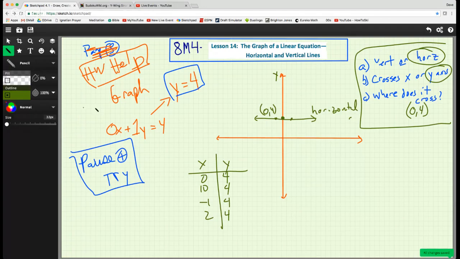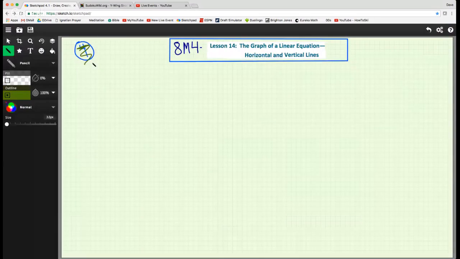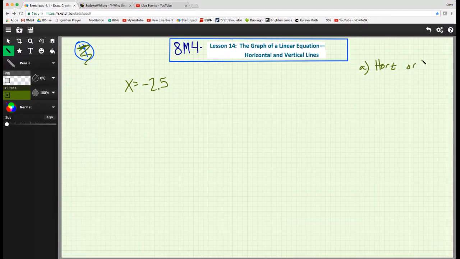Okay, now we're going to do X equals, and I bet you know that if Y's are horizontal, then you can figure out what X's are, but let's make sure we really get this lesson. Let's say we're going to graph X equals -2.5. So A, is this horizontal or vertical?